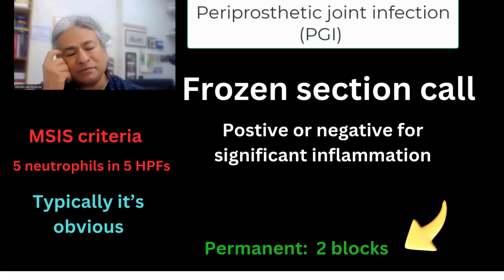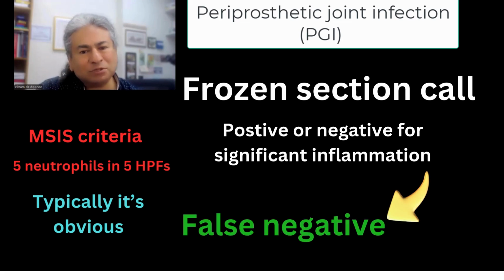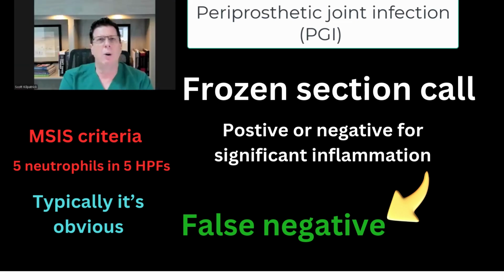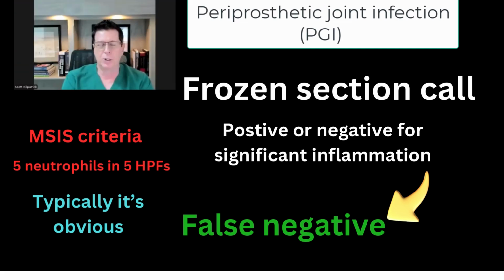So, what happens if you do end up with neutrophils on the permanent that you didn't see on the frozen? Have you gotten a lot of pushback from the orthopedic side? Not really. No, I'll email them on every case like that. I let them know that, because one of the first questions is oftentimes, did someone miss something at frozen? And I'll be quick to point out, no, this additional material that was not evaluated at frozen revealed significant acute inflammation.